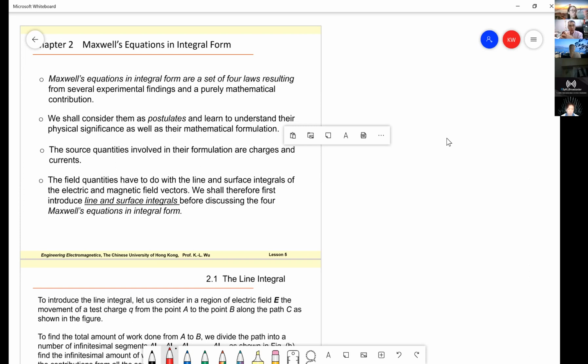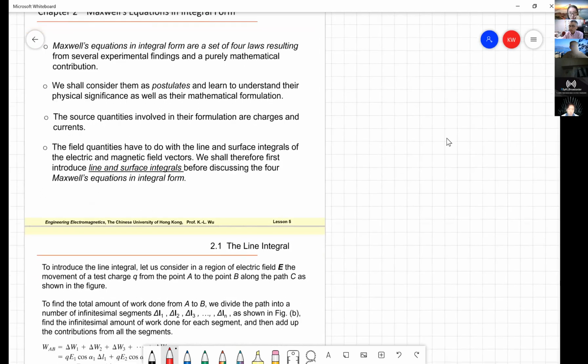Later on, when we want to define the differential form of Maxwell's equations, we use a mathematical rule to convert the integral form into the differential form. So the integral form is easier to understand than the differential form at the beginning.